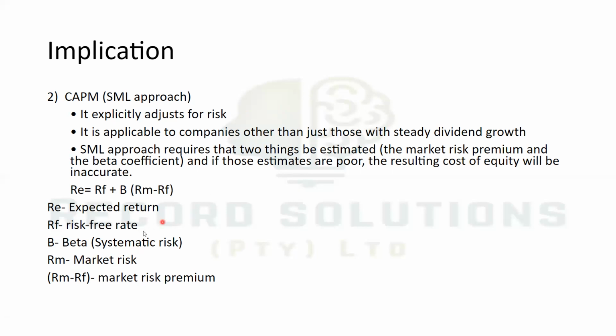So it's a premium over and above the risk-free rate. Let's say the market rate was something like 10%, and the risk-free rate was 6%. That then means that the risk premium is 4%. So what do they mean by market risk premium? What you are getting over and above the risk-free rate.